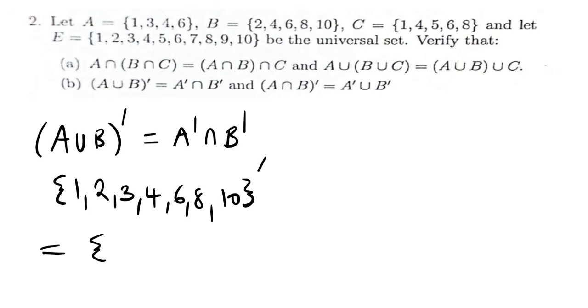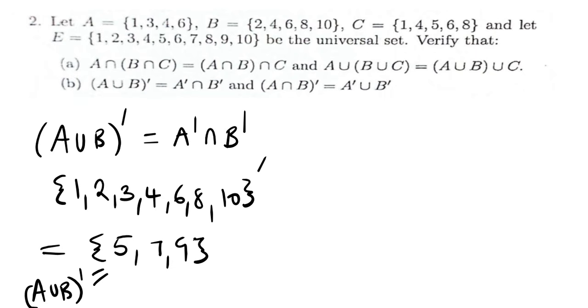We don't have a 5, so I'm going to put the 5. We don't have a 7, I'm going to put a 7. What else don't we have? We don't have a 9 here, so a 9. So this is what is going to be our A union B complement. It is equal to that. So we solved the left hand side.